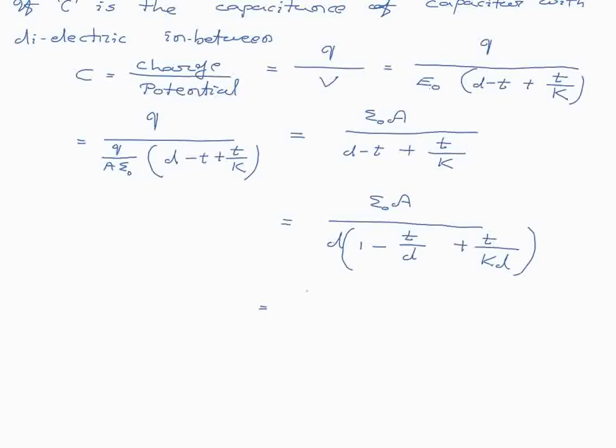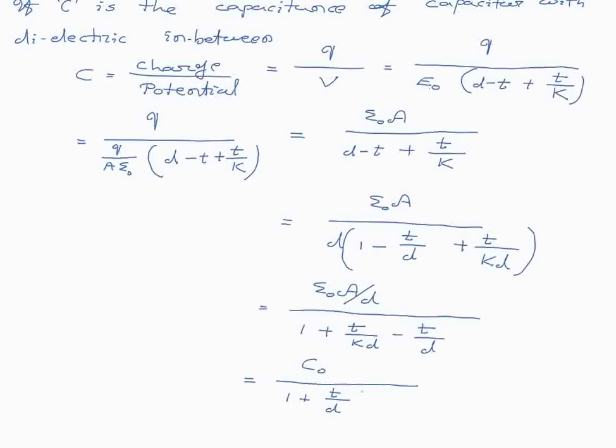So this is equal to epsilon naught A by d, because this is the capacitance of the parallel plate capacitor when there is air medium, divided by 1 plus t by d into 1 by K minus 1. So this is C naught divided by 1 plus t by d into 1 by K minus 1.